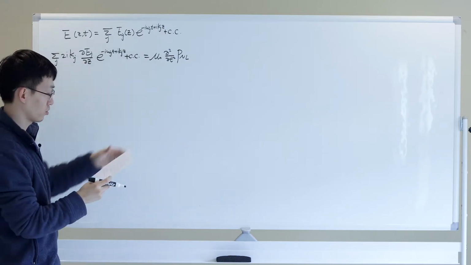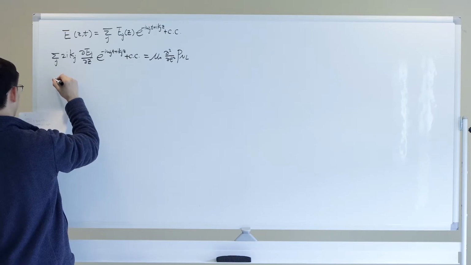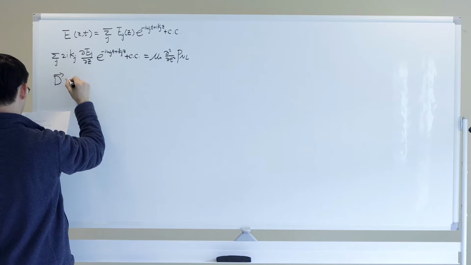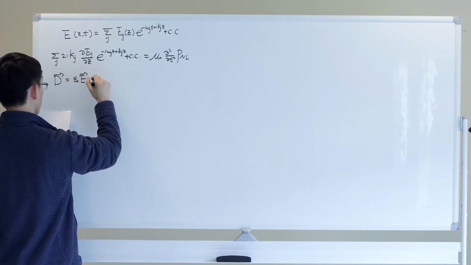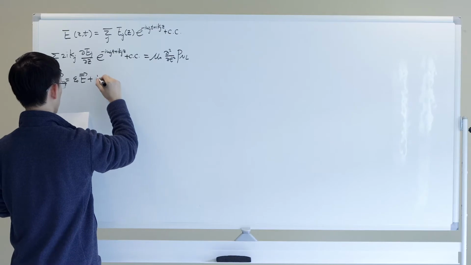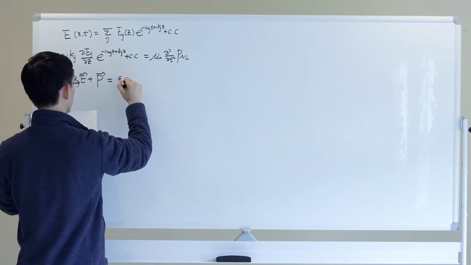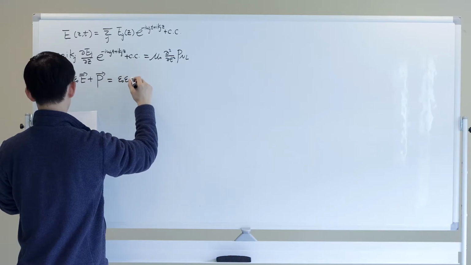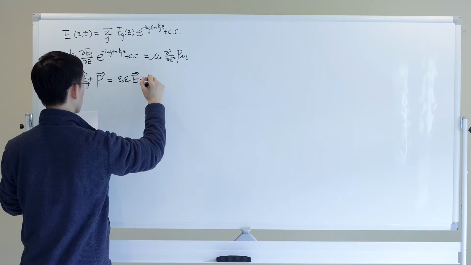Okay, and the linear polarization in this case, we have to write the definition down here because we're going to use it sometime later. And this is the definition of the displacement field, which, if you get rid of the linear term, putting the linear term in the front, you get the nonlinear polarization.